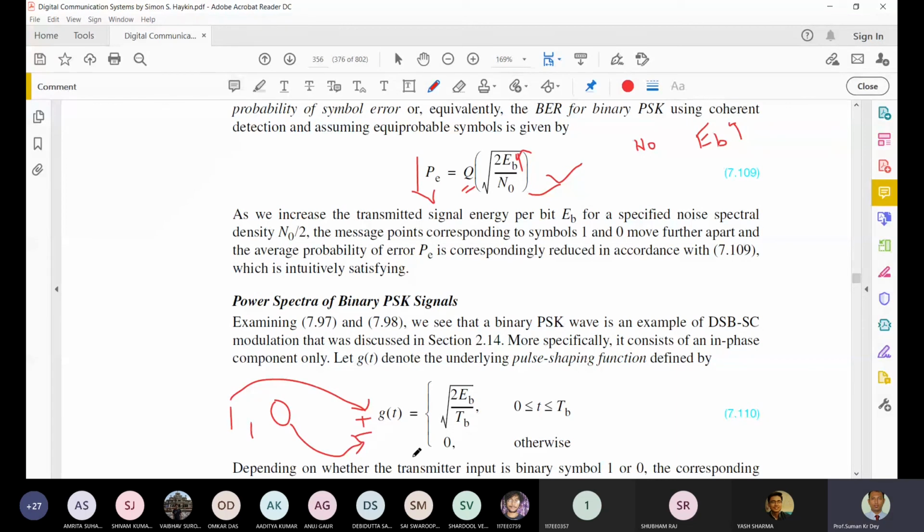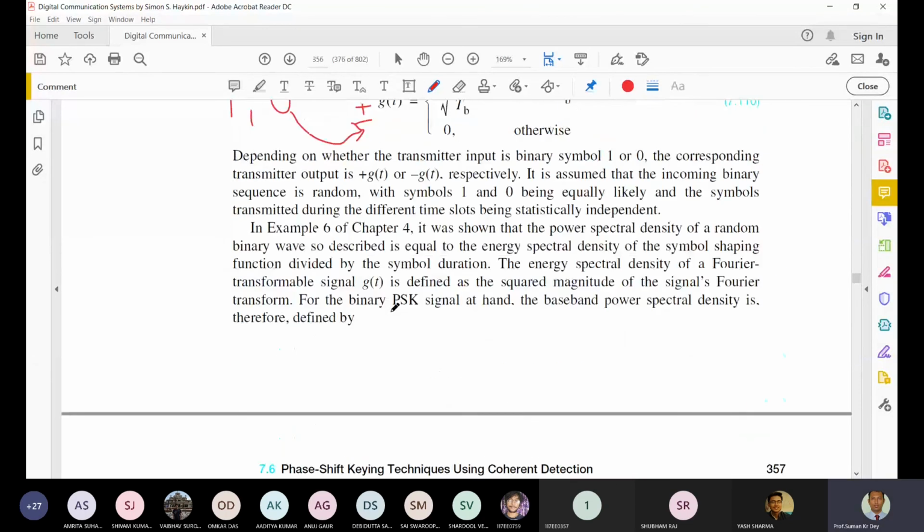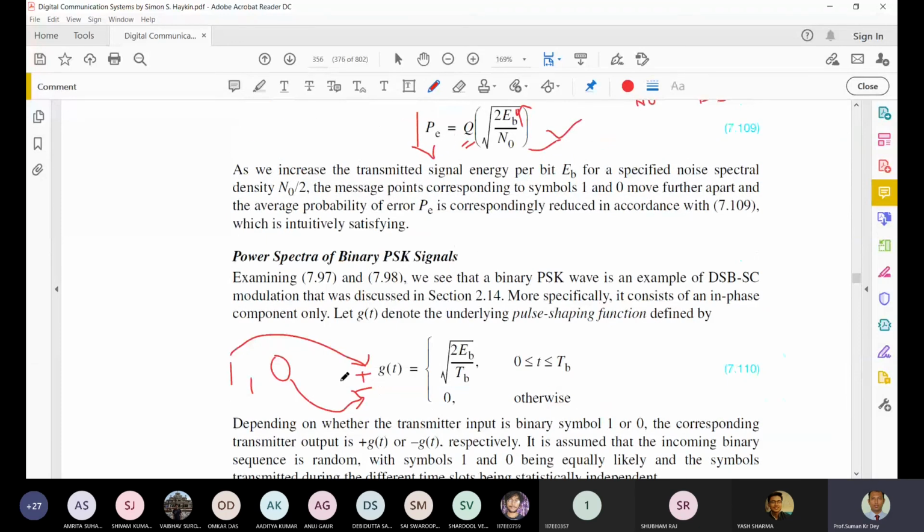Okay. So now from this figure or the signal, basically the signals we are getting from g(t). So we can get the power spectrum density for random binary variables.